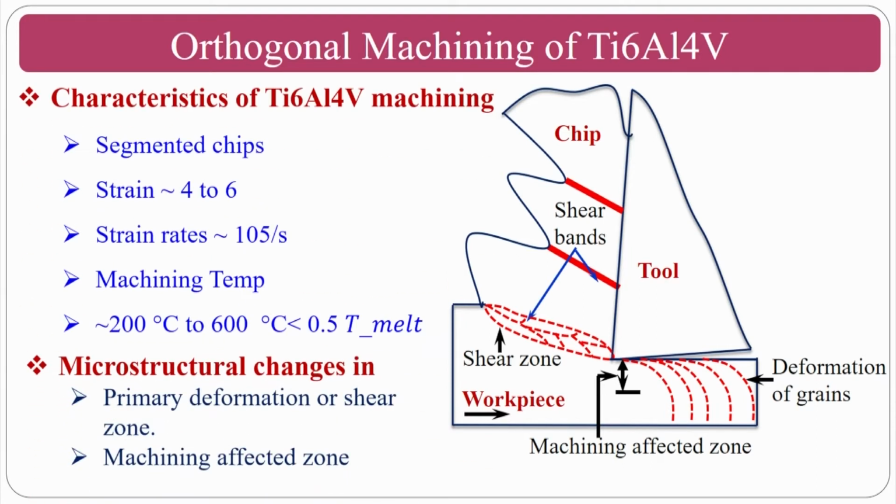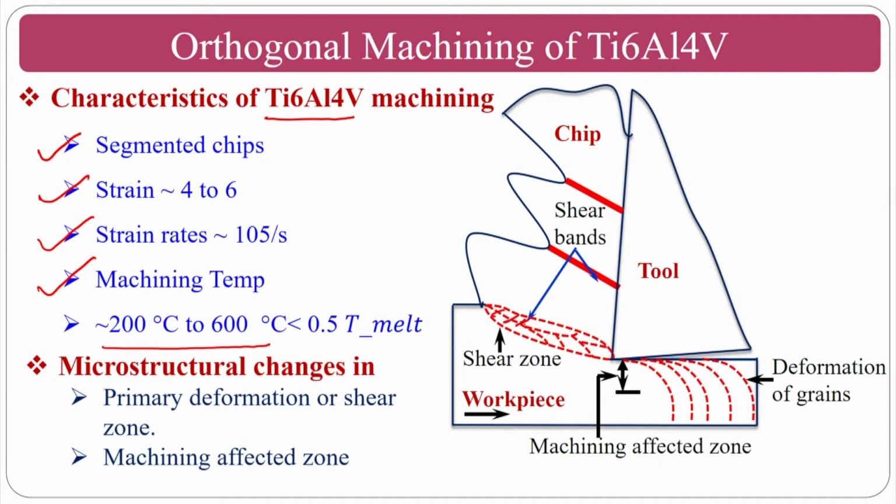So, the characteristics of machining Ti6Al4V, this is one of the common materials that the aerospace industry uses. Segmented chips you are going to get, strains are approximately 4 to 6, strain rates are 10^5 per second, and the machining temperature will be very high, that is 200 to 600 degrees. You can see here the primary deformation zone and the machining affected zone.